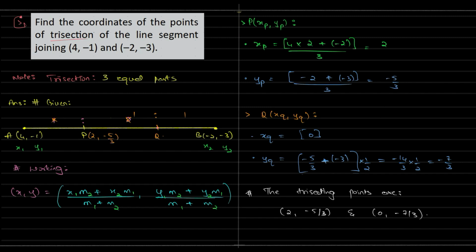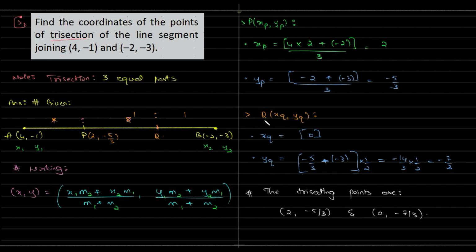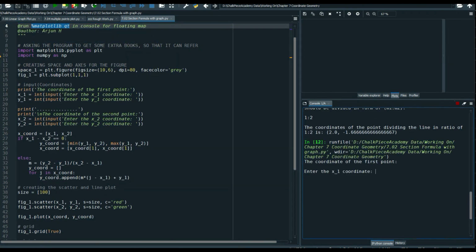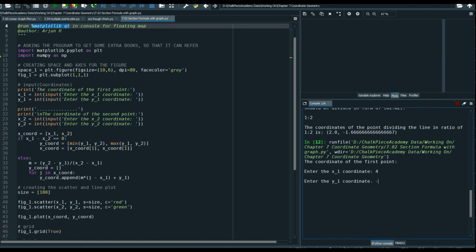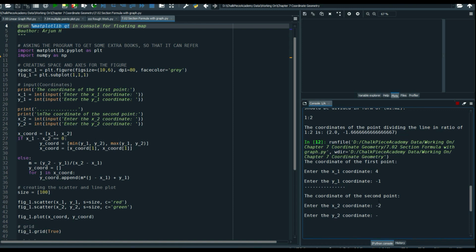Okay, so let's have a look. I'm kind of worried about the calculation, to be frank. So let me directly find point Q. Point Q as a whole will be in the ratio of 2:1. If I get the same answer for point Q, it means my entire calculation is correct. So the first point is 4, -1, and the second point is -2, -3.